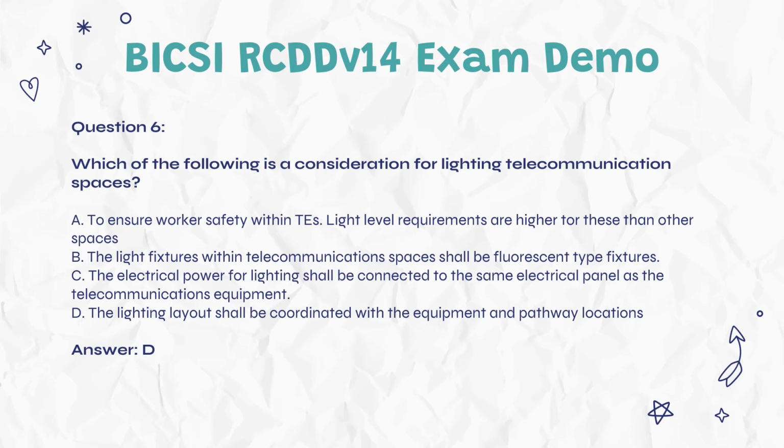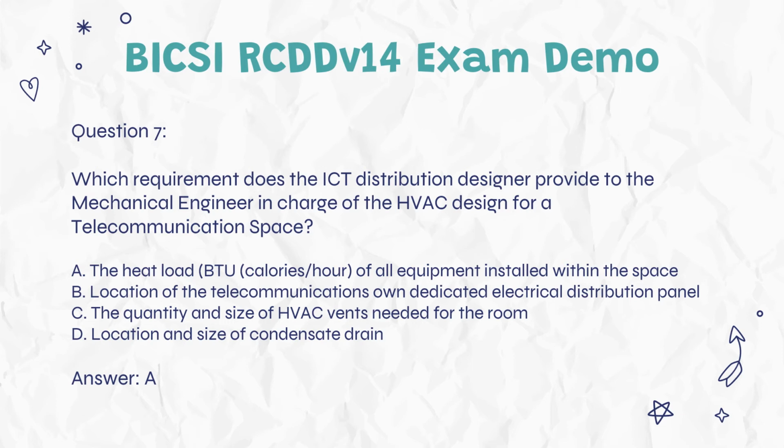C. The electrical power for lighting shall be connected to the same electrical panel as the telecommunications equipment. D. The lighting layout shall be coordinated with the equipment and pathway locations. Answer D.